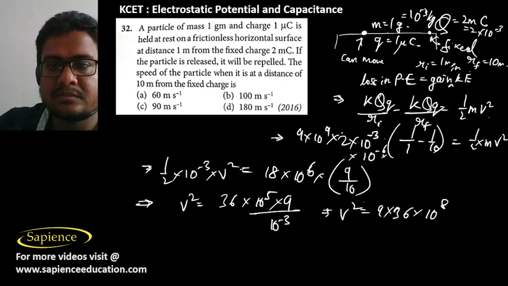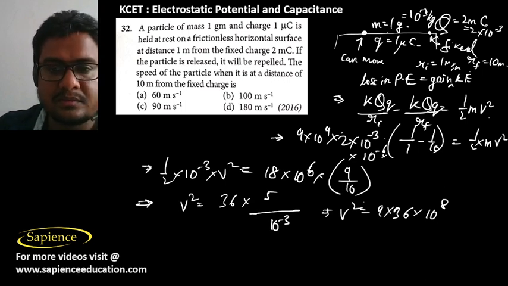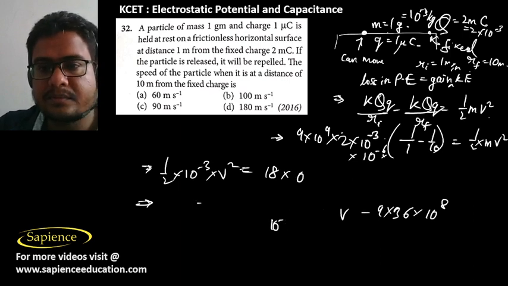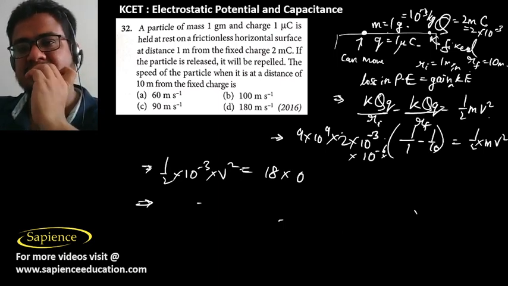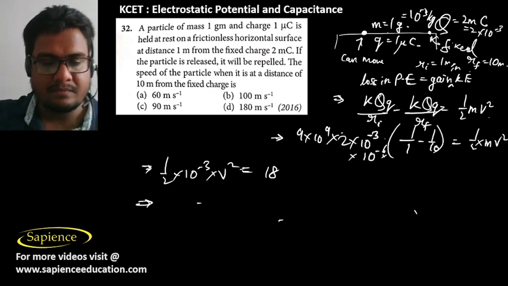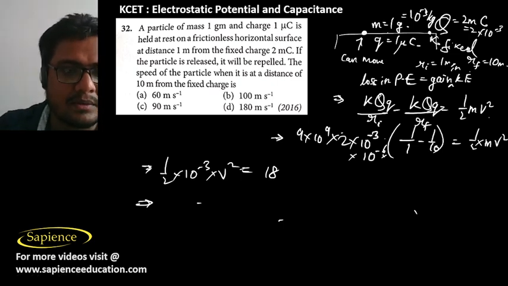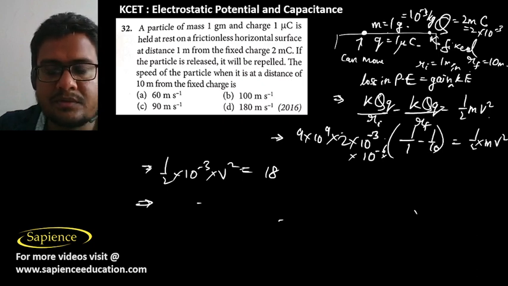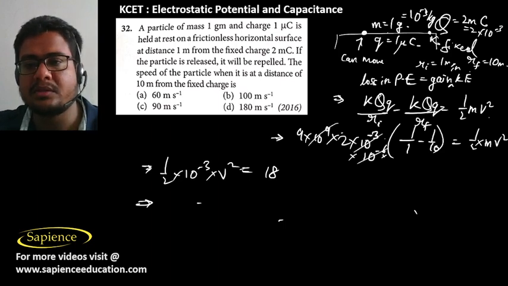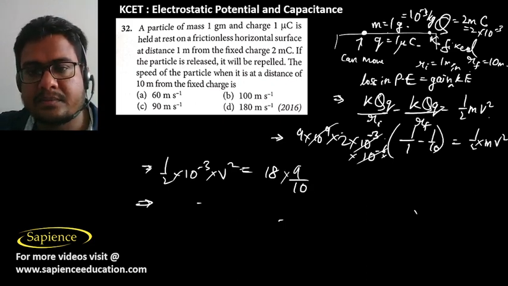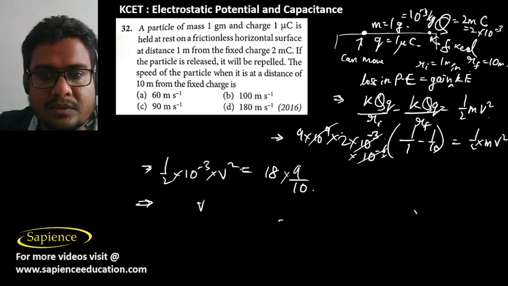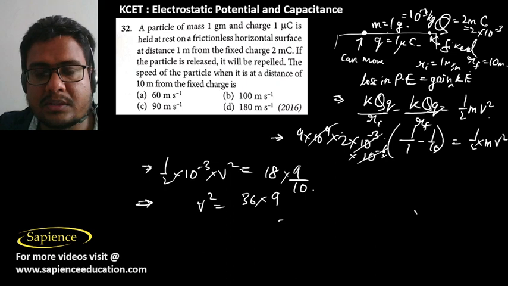The 10 power 9 terms will cancel. So this is equal to 18 into 9 by 10, and V square is equal to 36 into 9 by 10, 10 power minus 3.